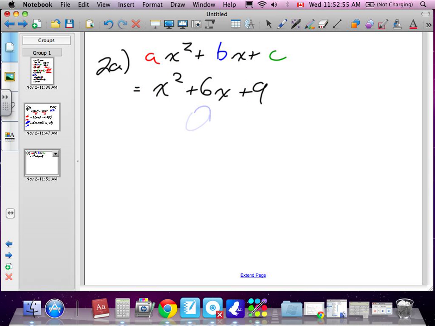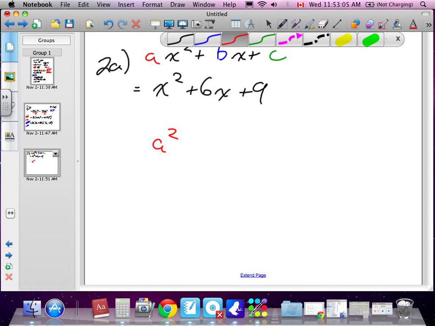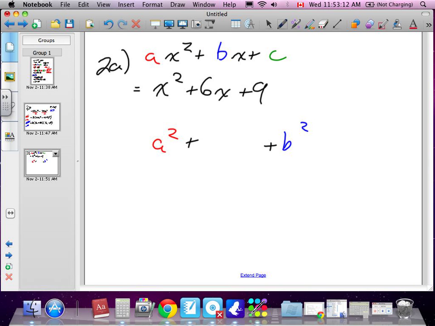They've written it in this form, okay? They write a squared plus b squared is our last term, and times 2ab.